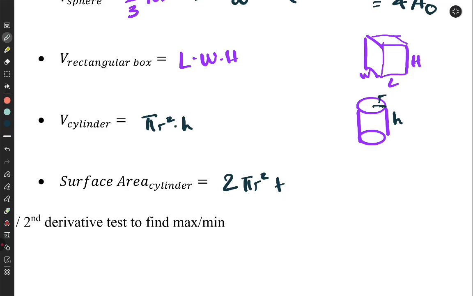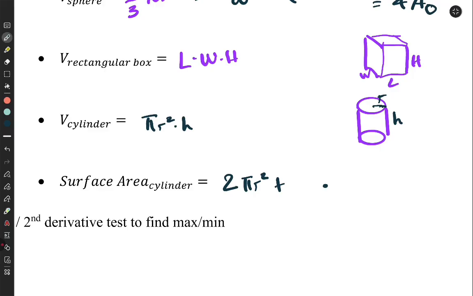A rectangle. Look at that cylinder. I cut that and open it out. It turned into a rectangle. To find the area of a rectangle, I need 2 things, right? The length and the width.